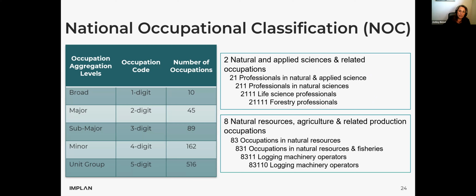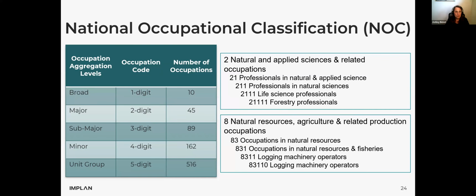The IMPLAN Canada occupation data classifies occupations in accordance with Canada's National Occupational Classification System, or NOC. This system classifies Canadian occupations hierarchically according to their broad occupational category, which is primarily based on the type of work performed or the industry of employment, as well as the training, education, experience, and responsibilities category, or the tier category.